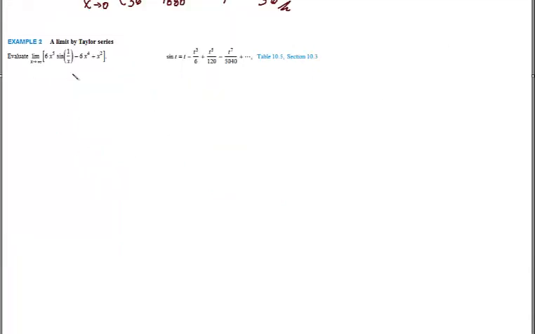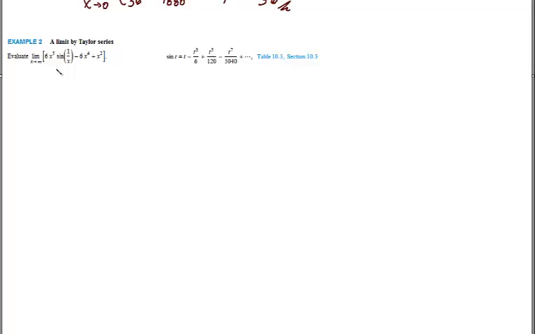This is another messy limit to deal with. And I like to play the same game with this sine because I did have this Taylor series centered at 0 that I got in a previous section in 10.3.